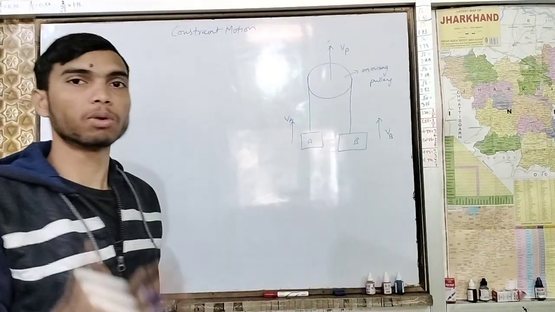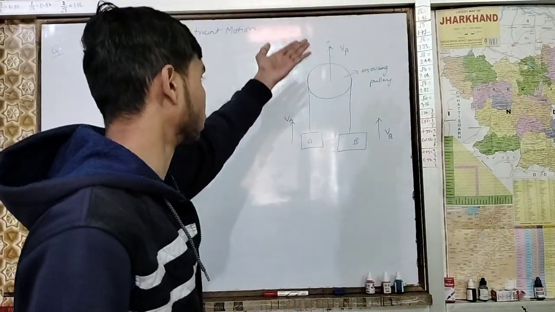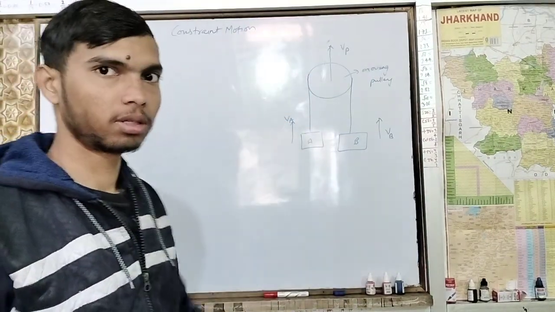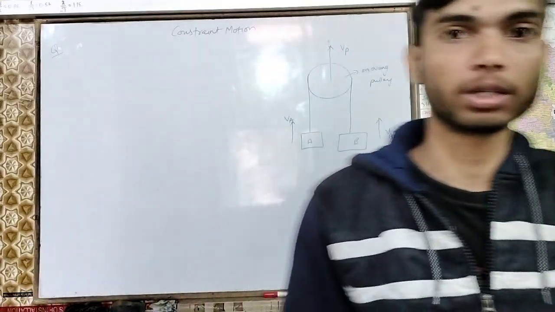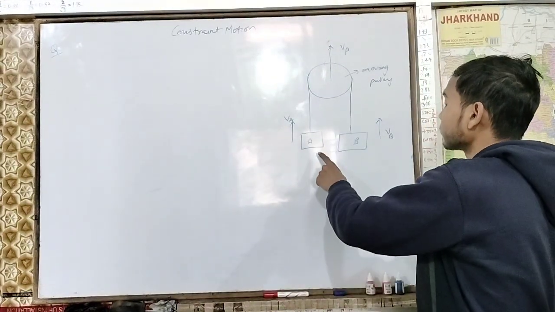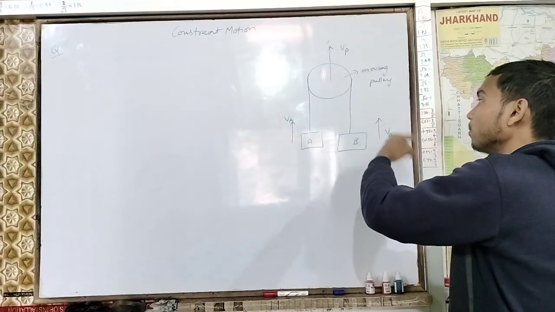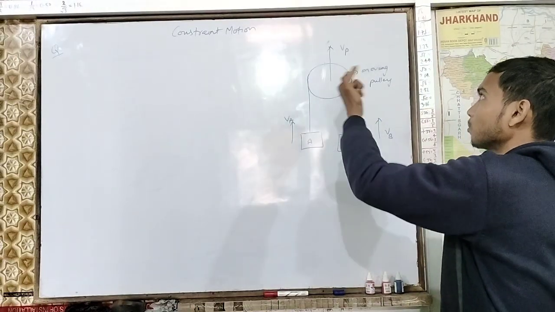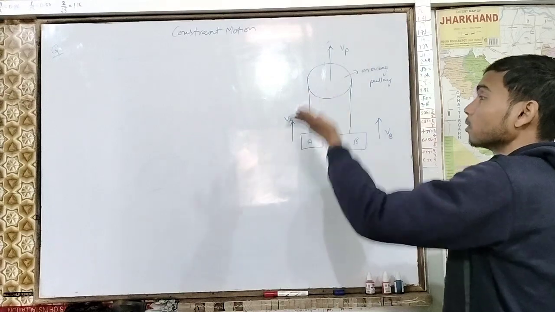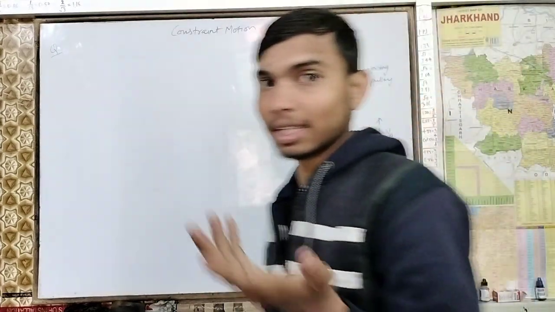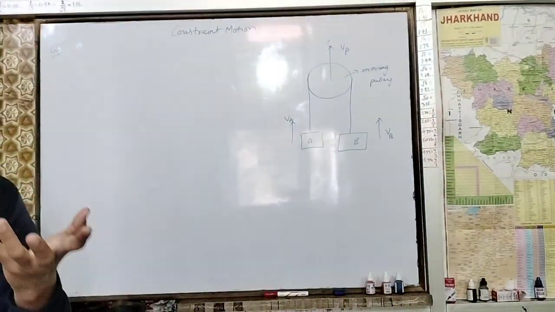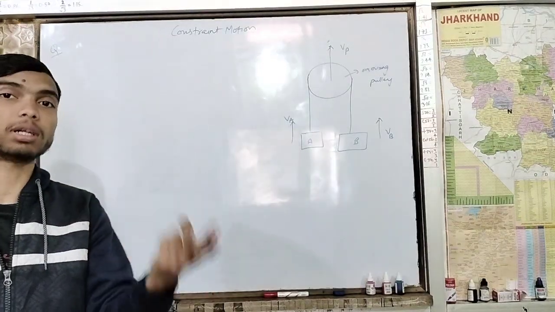It means the pulley is moving upward, direction is upward. So with how much velocity is the pulley moving? With how much velocity is block A moving, where the pulley is also moving? And with how much velocity is block B moving, where the pulley is also moving with some velocity? In that case, our equation will be different.